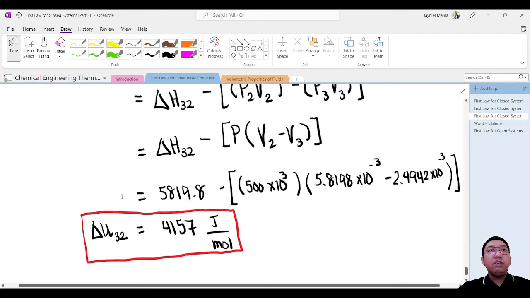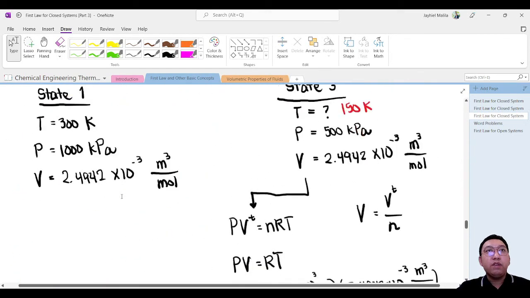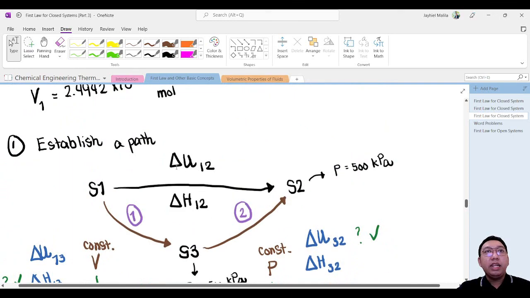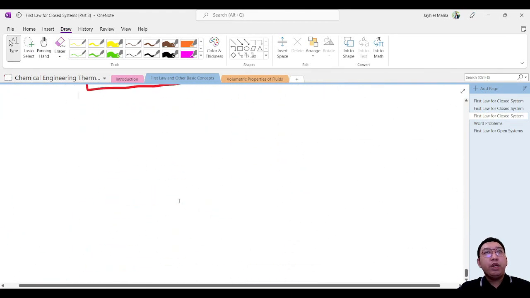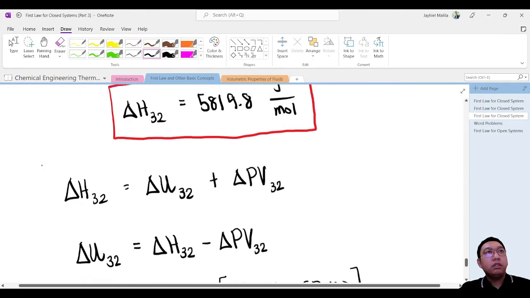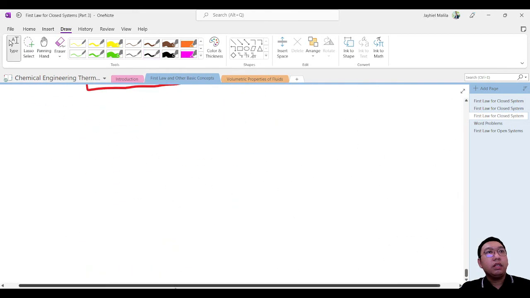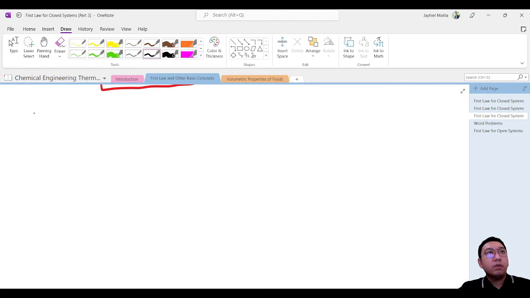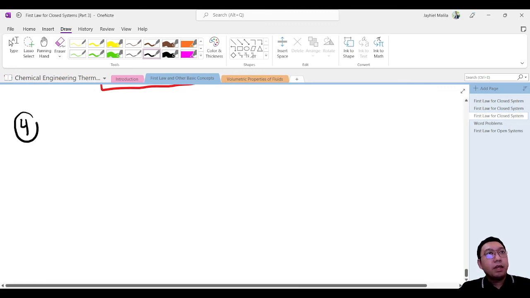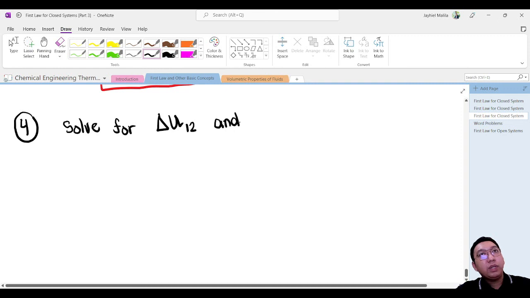So let's now solve for the values of delta U12 and delta H12. Remember that the required values of this problem are delta U12 and delta H12.